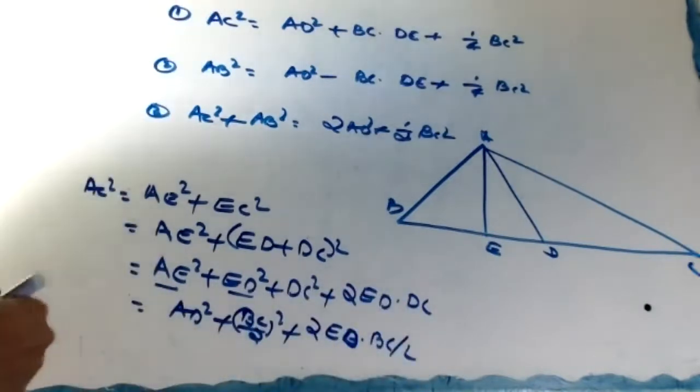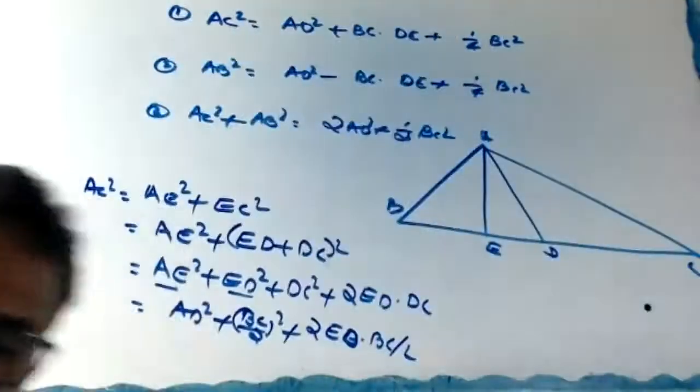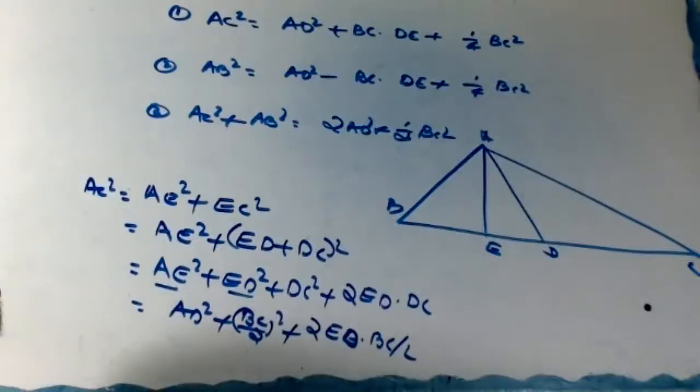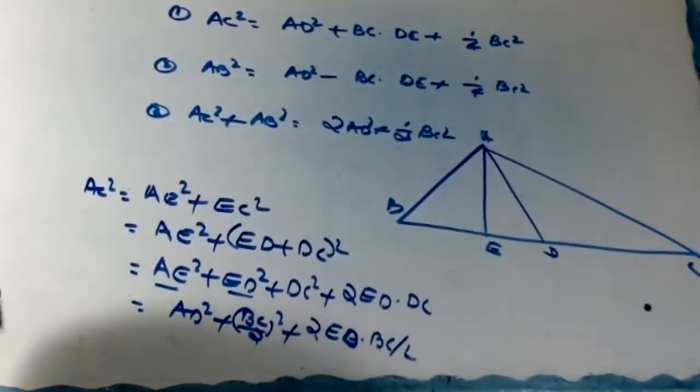Okay, finish now. Then write the last line. What will you write? AD square plus BC square by 4 plus ED into BC by 2. We got this answer. We all got the first part.